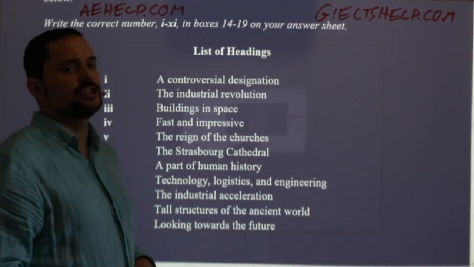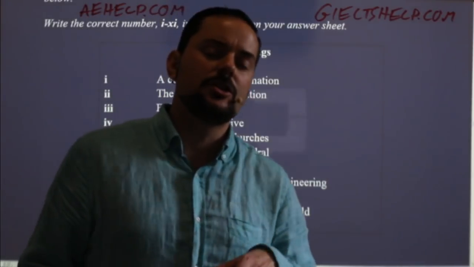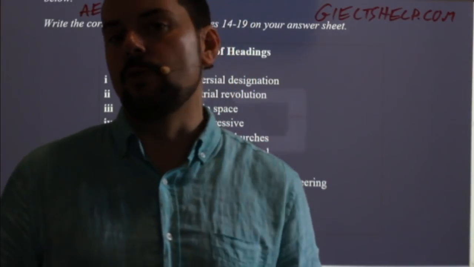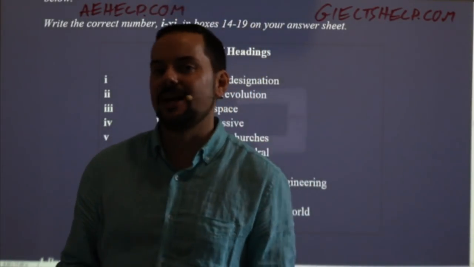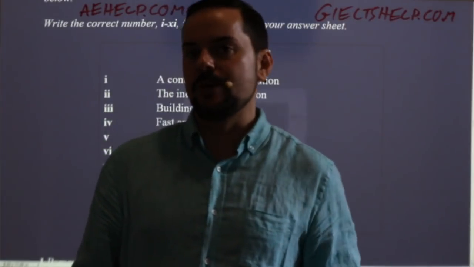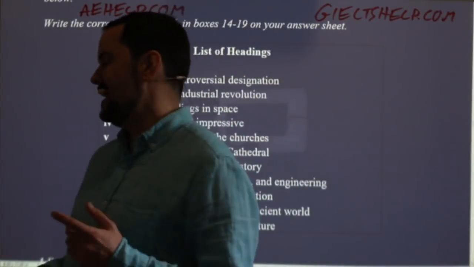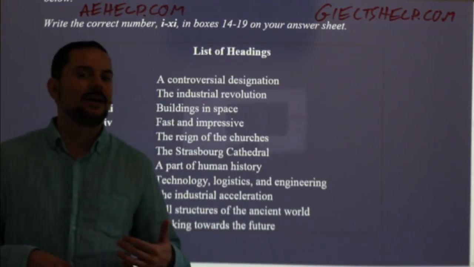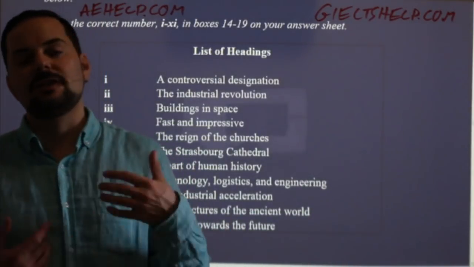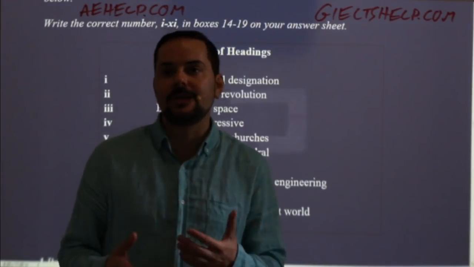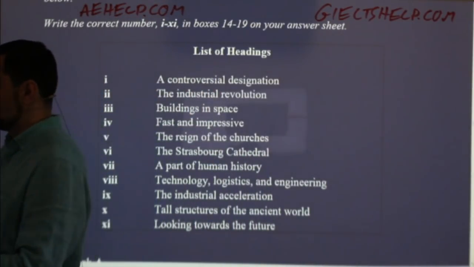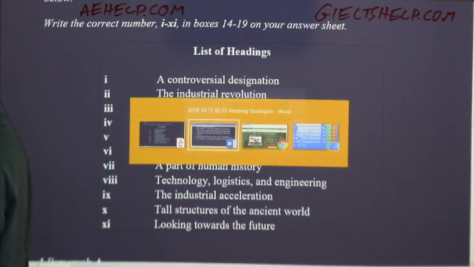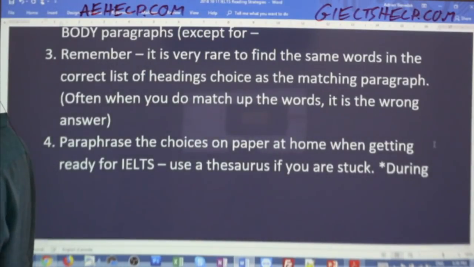It's the only question type that I suggest you answer while you read. All of the other question types, answer after you finished reading, okay? This one, answer while you read. It's a little bit easier. It's hard to keep in mind all of the information and then do it at the end of the reading. So definitely answer while you read, okay? And we're going to do that now, okay?